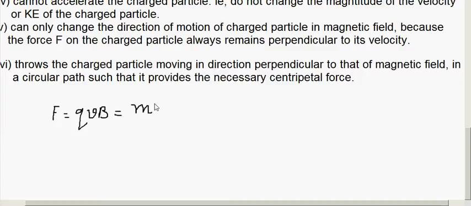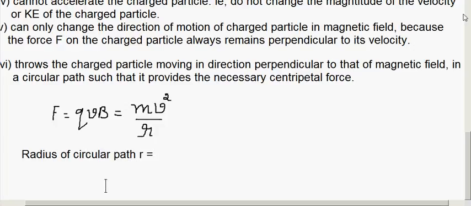If radius of the circular path is R and v is the velocity, then it is given by mv square by R. Therefore radius of circular path R is equal to mv by qB, since one v gets cancelled.